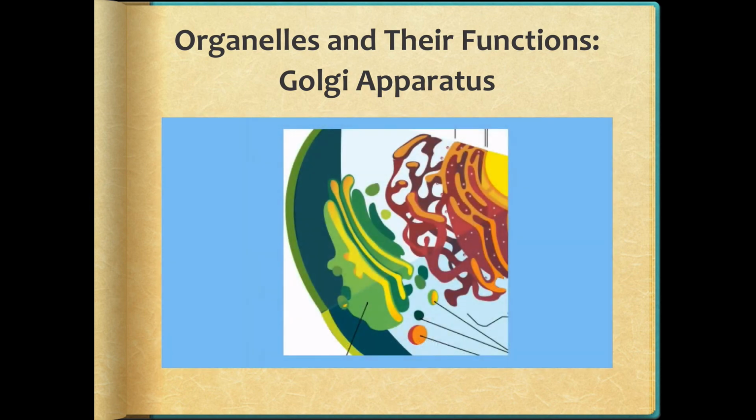The Golgi apparatus receives these proteins, lipids, and other chemicals from the rough ER and modifies and packs them into vesicles. These vesicles then pinch off and travel to 3 locations.